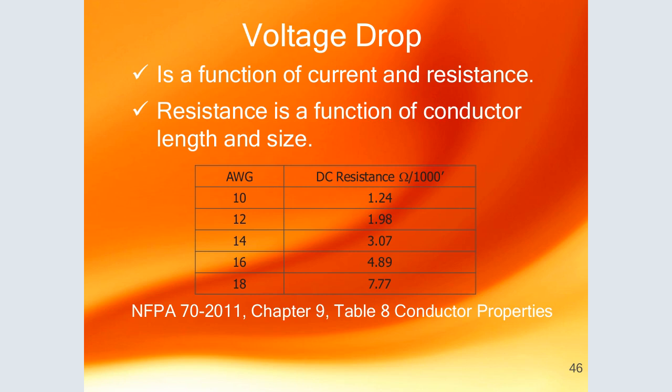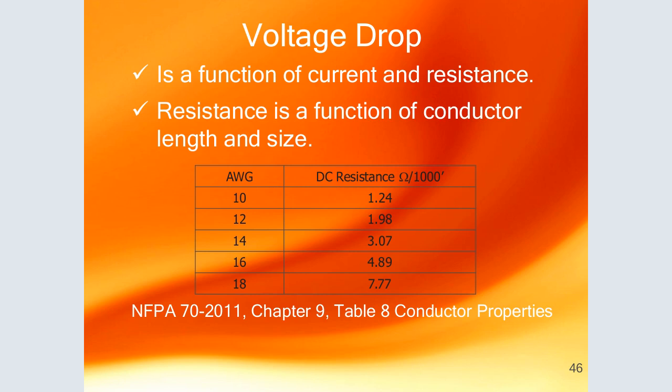So under the voltage drop, we have it as a function of current and resistance. The resistance is a function of the conductor length and size. We have the types of cables that you can install. A 10 millimeter square has a DC resistance of about 1.2 ohms per 1,000.